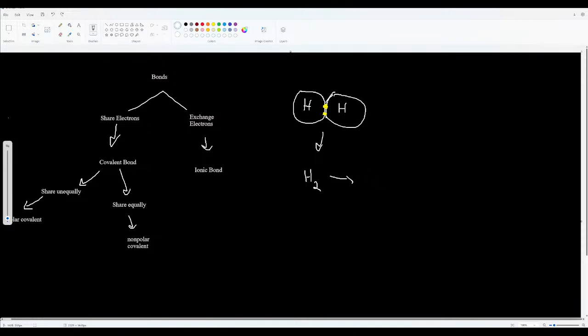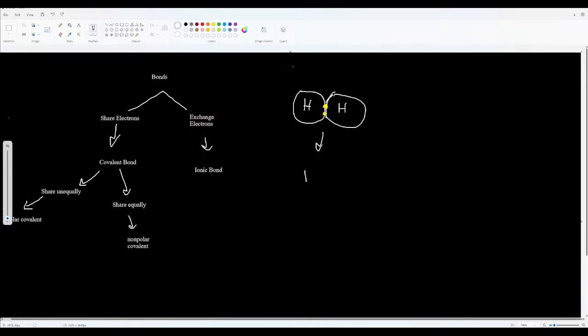Okay, so when we add oxygen to the mix, we just get water and some heat, right? That's a chemical reaction. You don't need to worry about that for now. In fact, I don't even know why I'm going over it, if I'm being honest. Okay, so that's just a covalent bond.